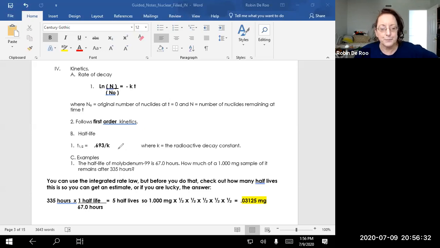So let's do a problem. We've got a half-life of 67.0 hours, and the question is asking how much of a 1 milligram sample of it remains after 335 hours. What I like to do is first check and see how many half-lives that is.